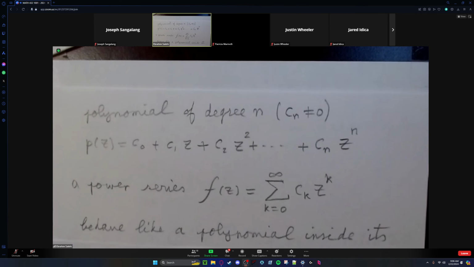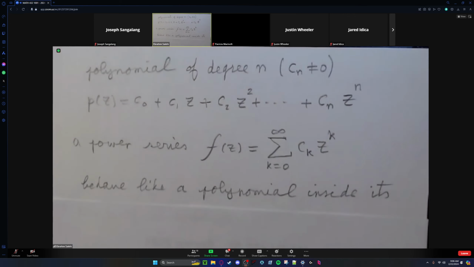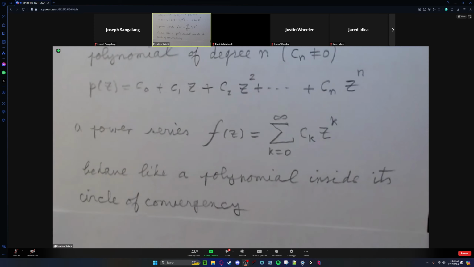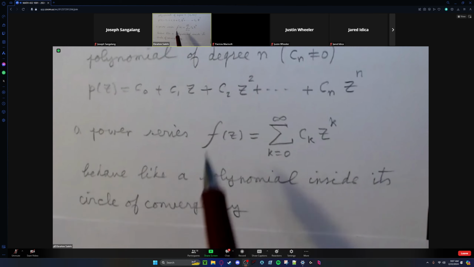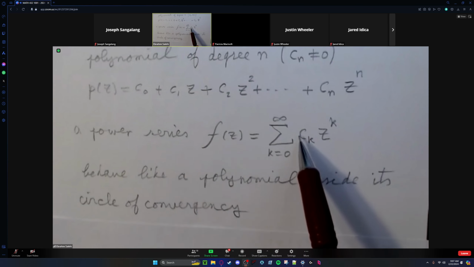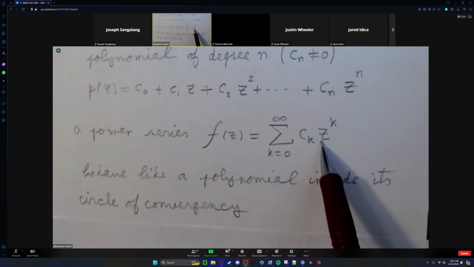Now, interesting enough, this power series behaves like a polynomial inside its disk of convergence or circle of convergence. What do I mean by behaves like a polynomial? Its derivative will be derivative of these terms.